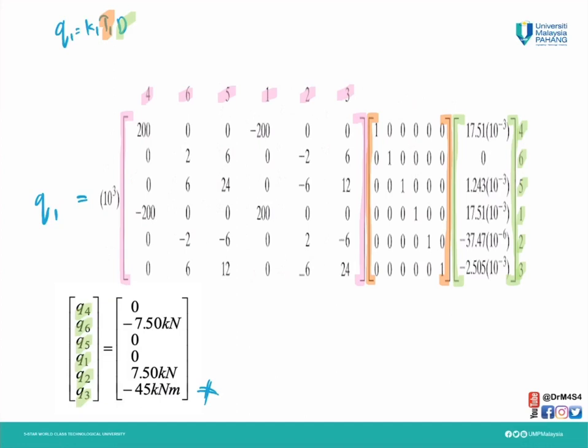Once we get those Q4, 6, 5, 1, 2, and 3, let's draw those forces and moment on each member.